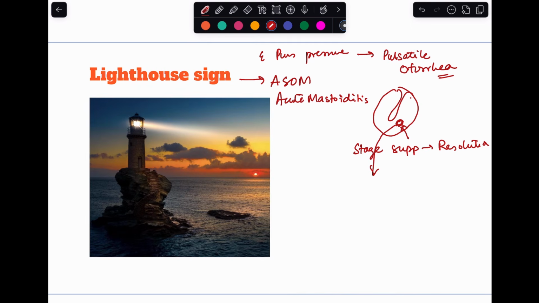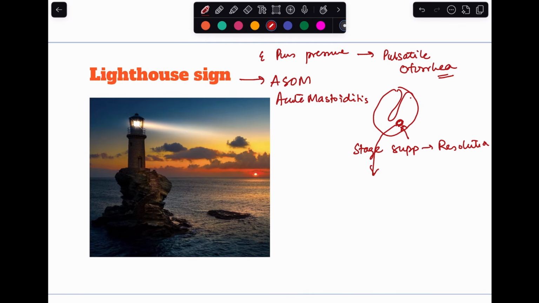So during otoscopy, the pulsating discharge is seen reflecting the light. As you focus your otoscope onto the tympanic membrane, this pulsatile discharge coming out of the pinhole perforation is reflecting the light intermittently. And that is why it came to be known as the lighthouse sign.